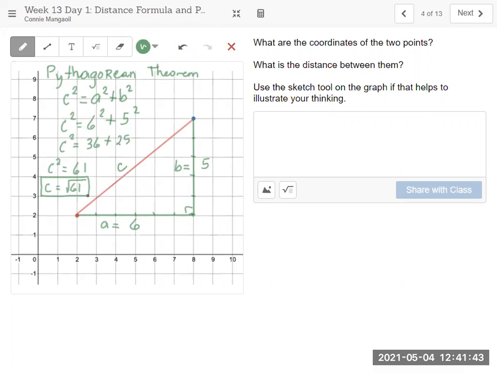Yes? I didn't quite hear you at the last part. So you said if you can't round it, what should you do? If it's not a perfect square, you can leave it as a radical. You can leave your answer as square root of 61. However, if you get, say, for example, square root of 25, you do not leave it as square root of 25, because we know that square root of 25 is equal to 5.